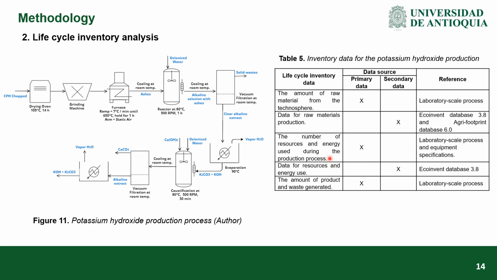The amount of resources and energy used for this transformation process were primary data taken from the laboratory scale process and equipment specification. The data for this resource and energy use were secondary data taken from the equipment database. The amount of product and waste generated, corresponding to the potassium hydroxide and the solid waste, were primary data taken from the laboratory scale process.